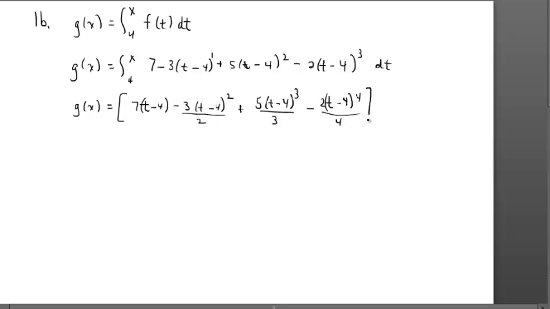All right, and then we have to evaluate from 4 to x. So everywhere we see t, we're going to replace it with x.